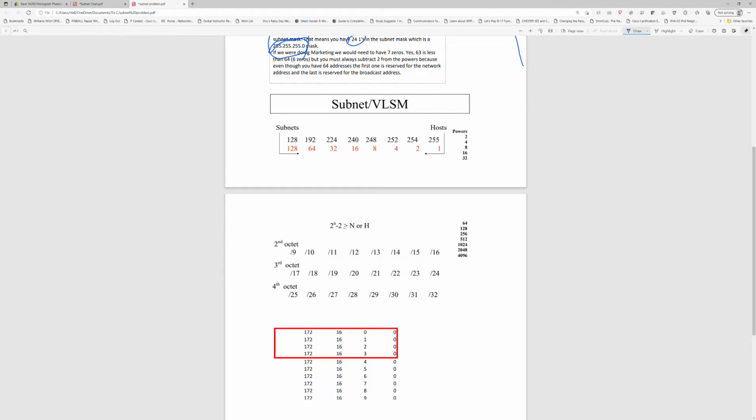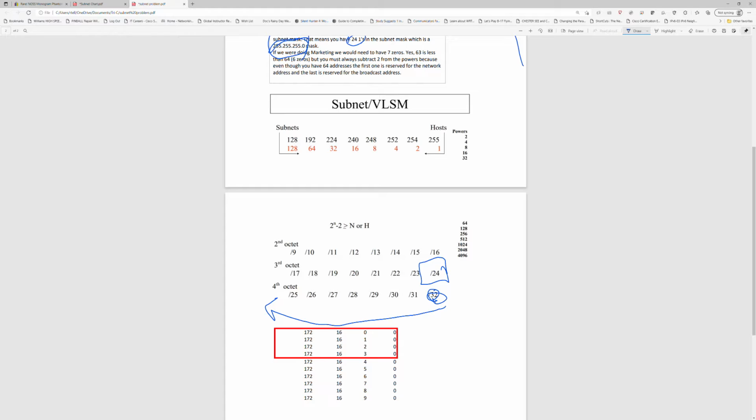Whenever you're doing a host problem, you always start on this far corner. And I'm going to need 8 zeros. So I count 8 zeros from here. Well, if all of these are zeros, because that's 8, that means that my subnet mask is the next number.